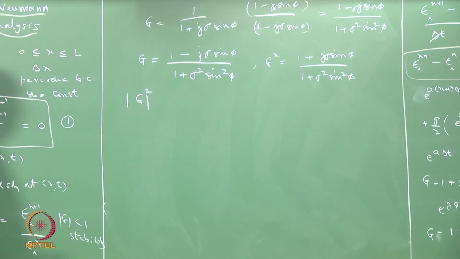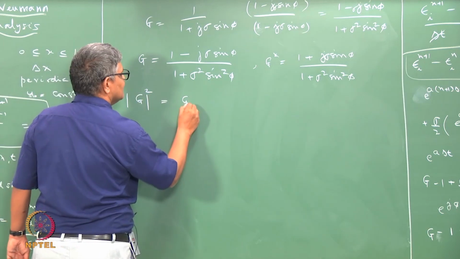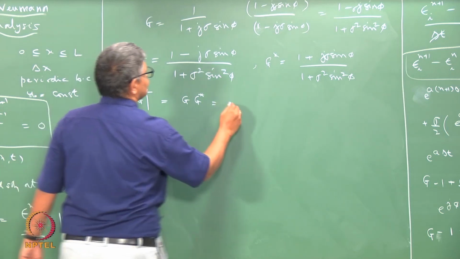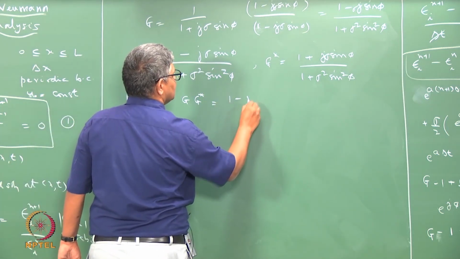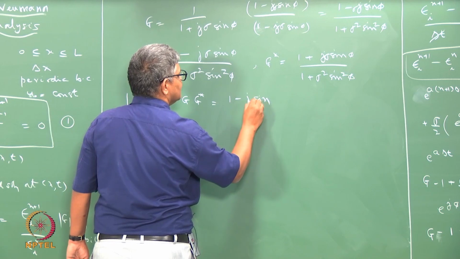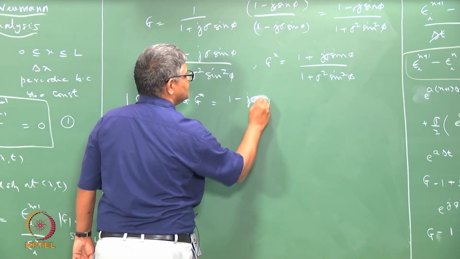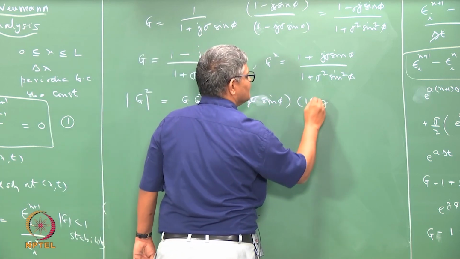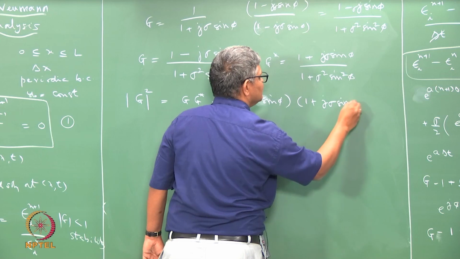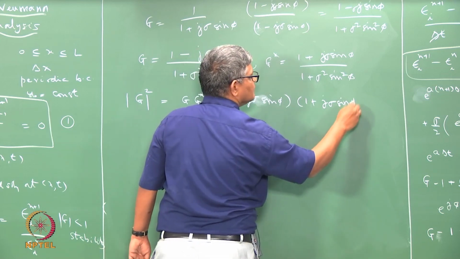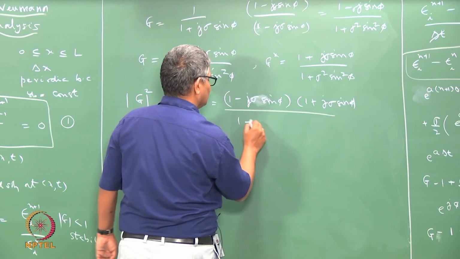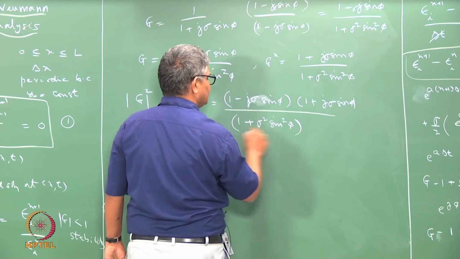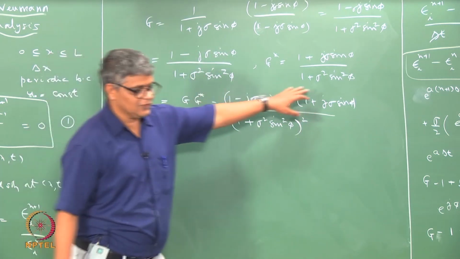and we can write the square of the modulus of G as G times G star, and this is equal to 1 minus j sigma sin phi times 1 plus j sigma sin phi divided by 1 plus sigma square sin square phi whole square, because it's the same thing which is common.